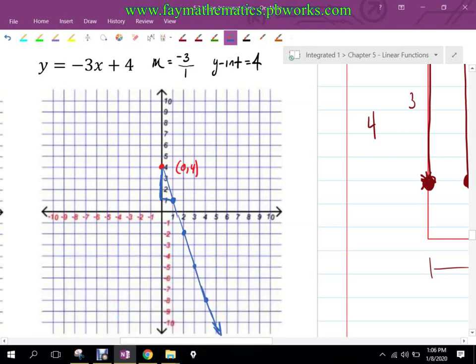Okay, now instead of going down 3, and right 1. Okay, when I have a slope right here of negative 3 over 1, haven't we talked about this idea that negative 3 over 1 is the same thing as that where I have that negative out in front?